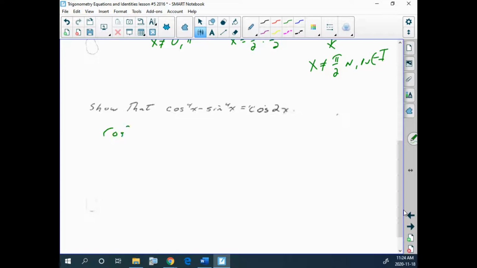This is going to factor out to cos squared x plus sine squared x, and cos squared x minus sine squared x. We have an identity for cos squared x plus sine squared x, that's 1. And here we have cos squared x minus sine squared x. We just found that today. That is one of the identities for cosine 2x.